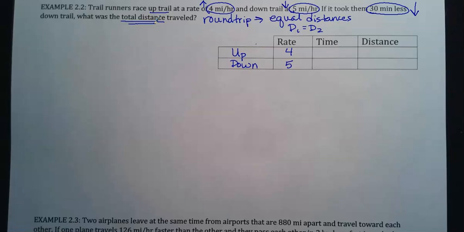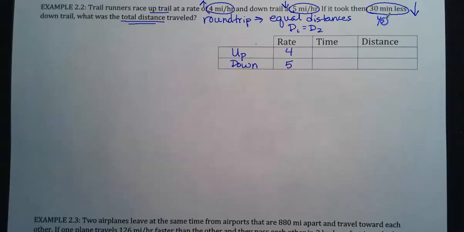Okay, so our time then is it took 30 minutes less. Time again is duration. We need to convert this to keep our numbers small. Time is always in hours. So let's convert this.